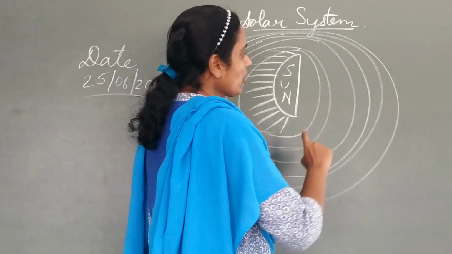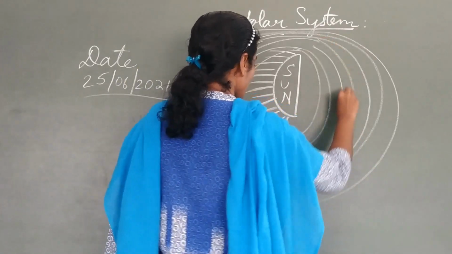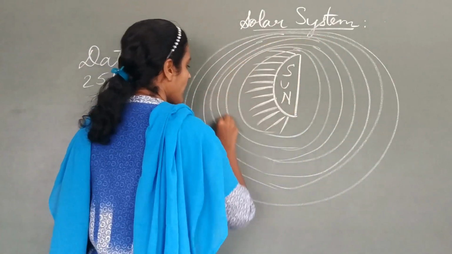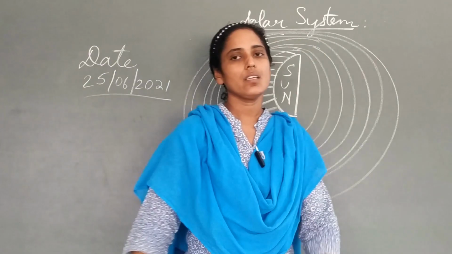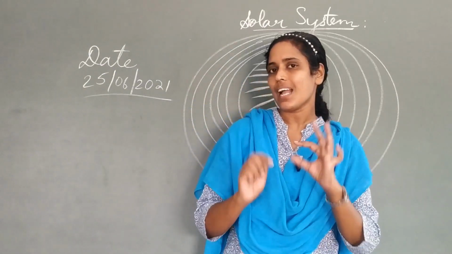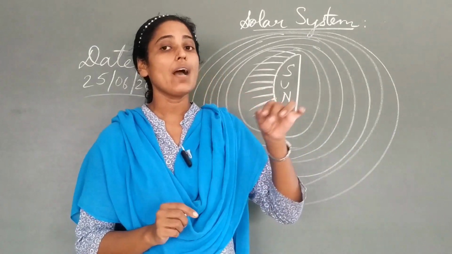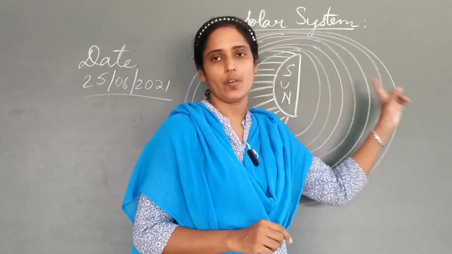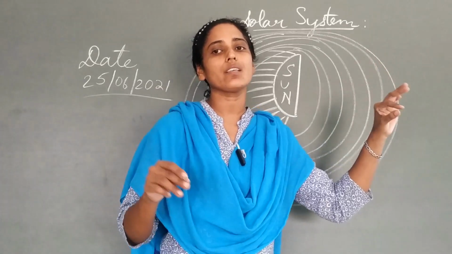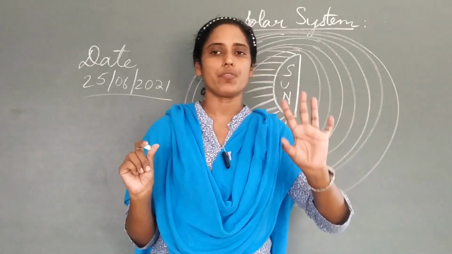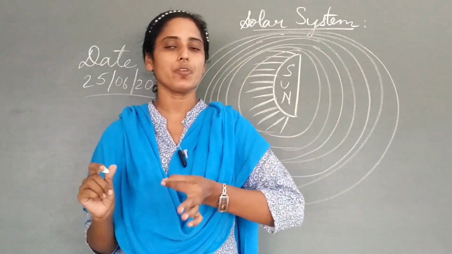After you draw these figures, see to it that you make it in a circular position, but an exact circle is not needed. Why? Because I already told you, in geography you don't have everything as an exact figure. All are imaginary figures.